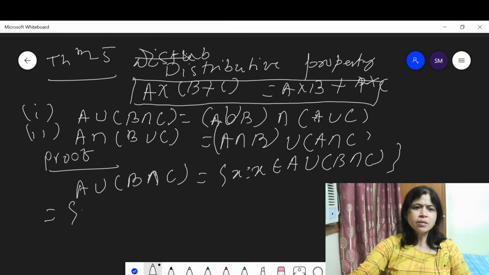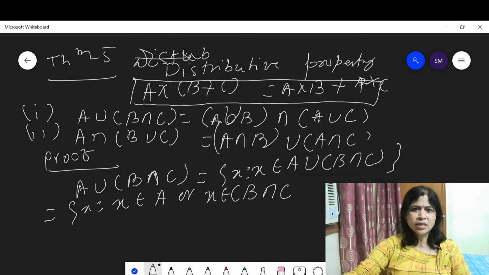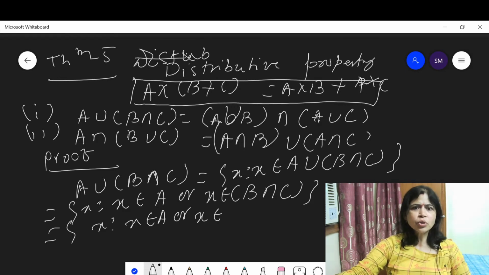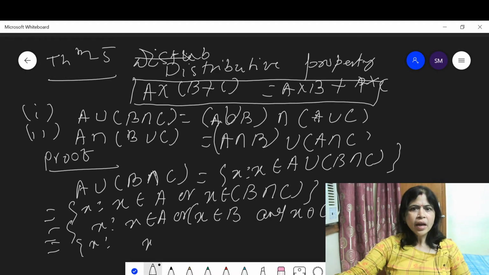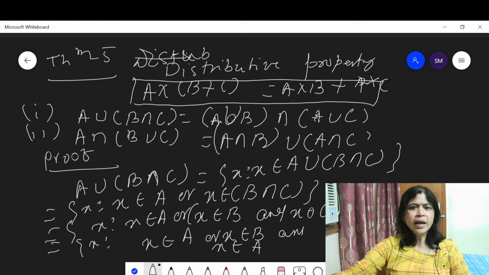This means x belongs to A or x belongs to B intersection C. This shows that x belongs to A or x belongs to B and x belongs to C. This means x belongs to A or x belongs to B, and x belongs to A or x belongs to C. Okay?